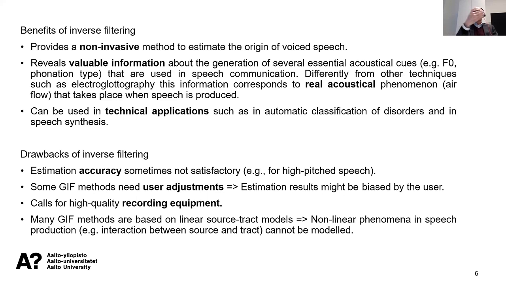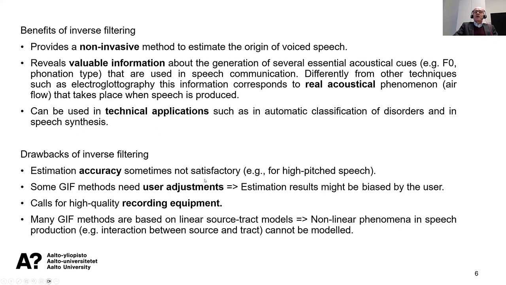So if you use, for instance, EGG, that's a wonderful method, but the EGG signal, electroglottogram, is actually a kind of artificial signal. It doesn't exist in the real speech production mechanism. Whereas our goal, the glottal estimate, is something which is real in human voice production.